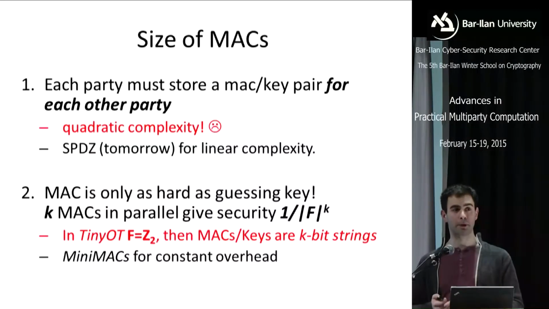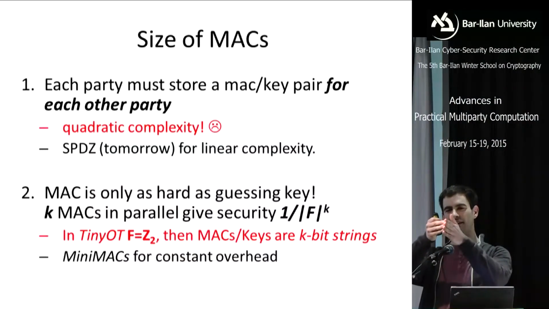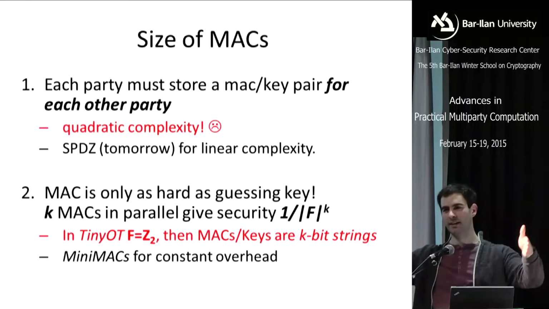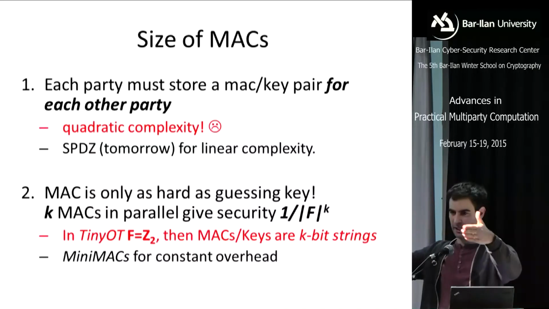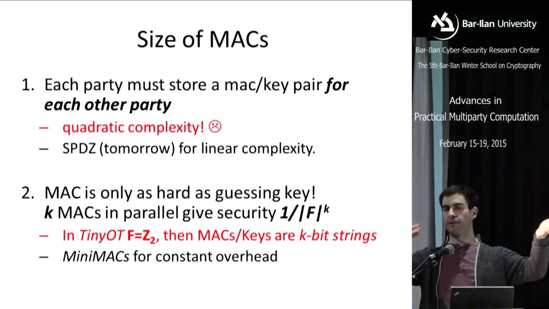So the solution is simply to have a lot of MACs in parallel. If you are working with bits, instead of having the MAC being 1 bit, you just have a vector of MACs, so a bit string, and the key is not 1 bit, but a vector of bits, a bit string. But if you're working already in a big field, then this is fine, right?